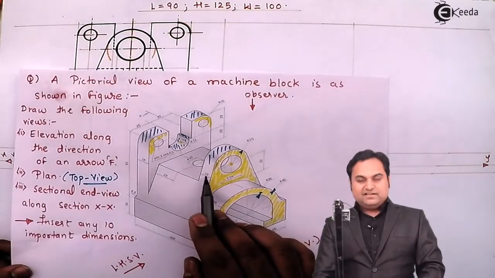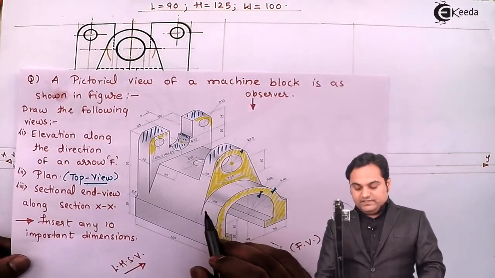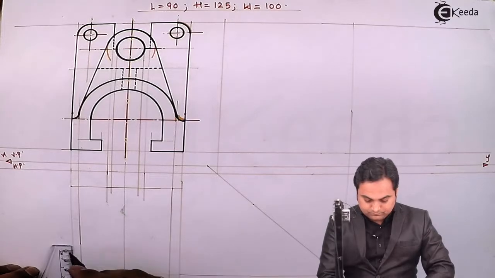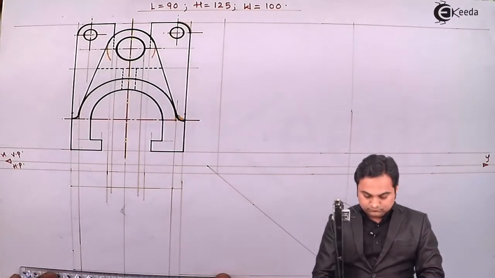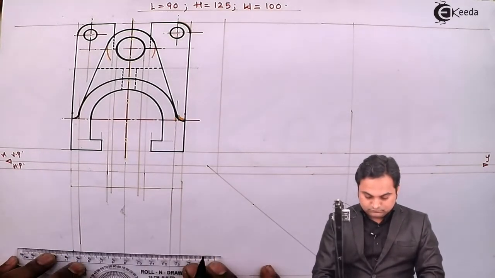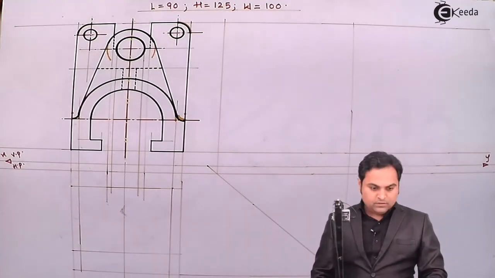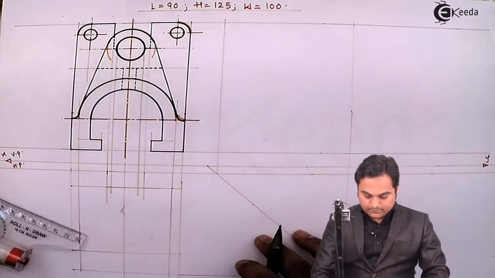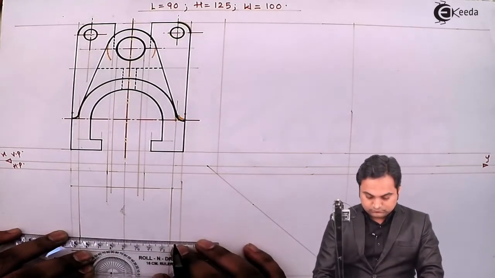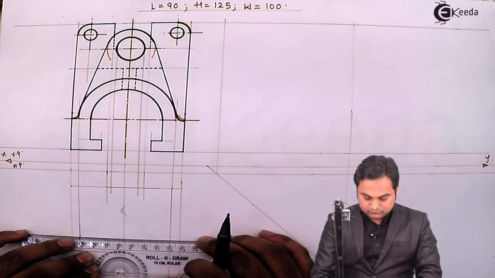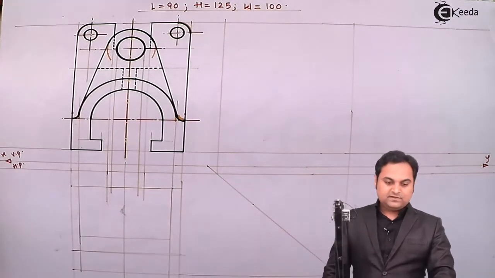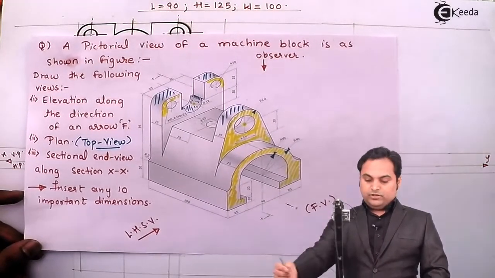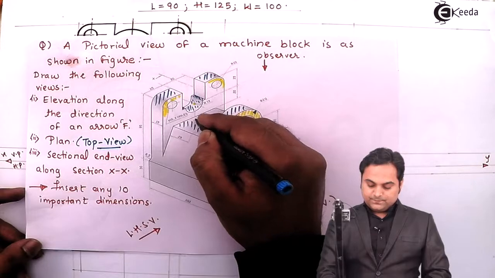Then this portion starts after taking 20 mm width from one side, so I'll measure 20 mm from one side. Then I'll take the width as 15. After that, another surface looking from the top is this.